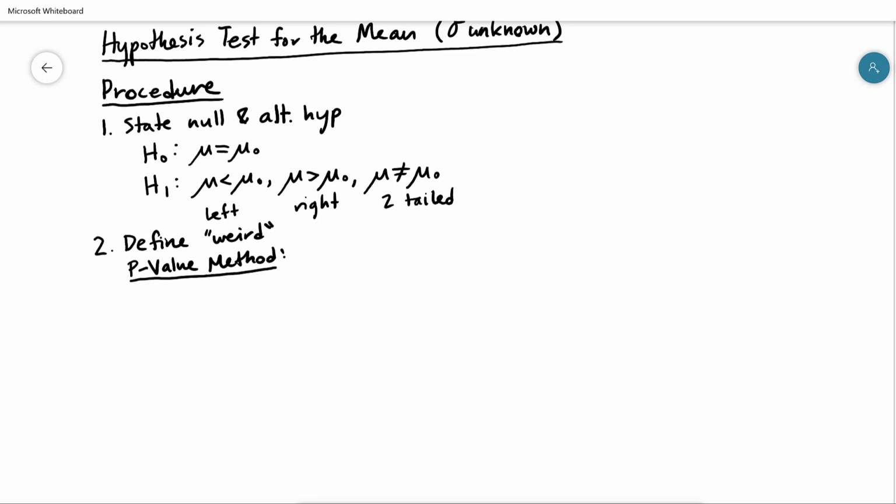All we need to do is basically find the significance level, which is typically given in the problem. So give the significance level alpha. If we're doing the critical value method, then we need to actually find the critical value.